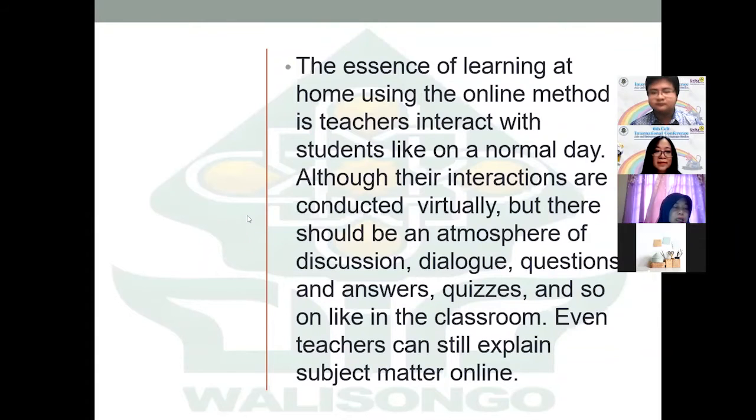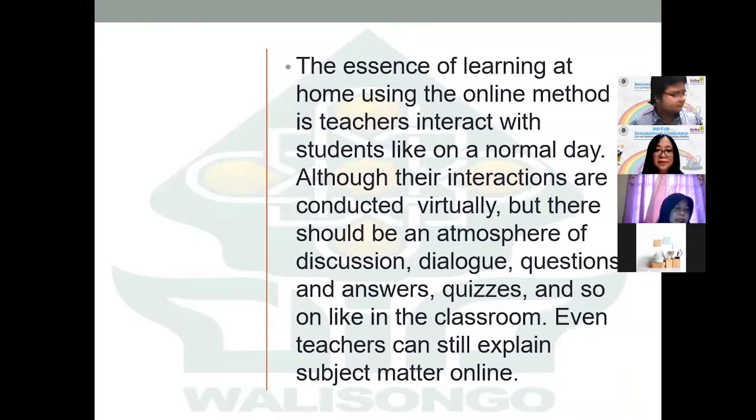So the flipped classroom gives opportunity to students to be well prepared at home before the class starts, and this potentially reduces students' anxiety in learning English.